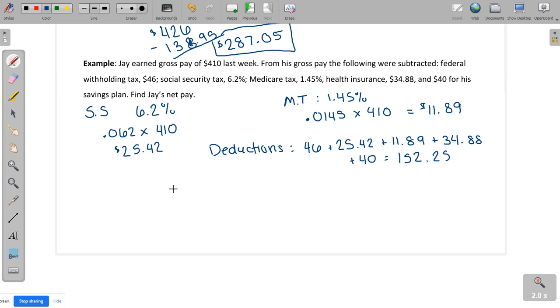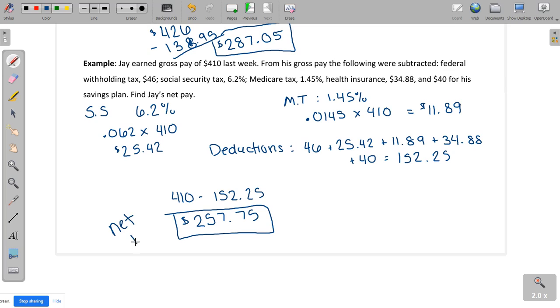So now if we take the gross pay of $410 and subtract our deductions of $152.25, we get a total of $257.75. So this amount is our net pay, and it's how much we are pocketing.